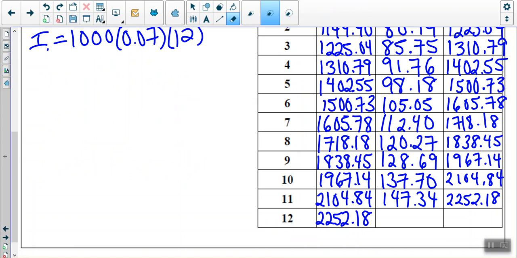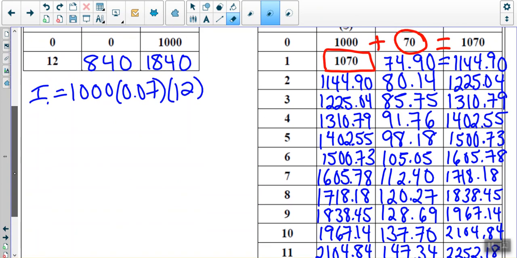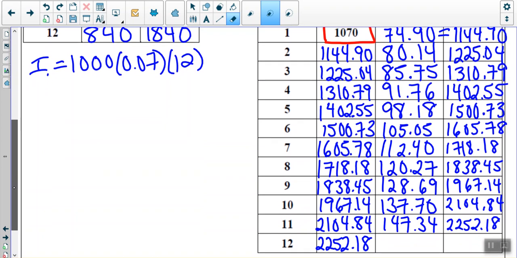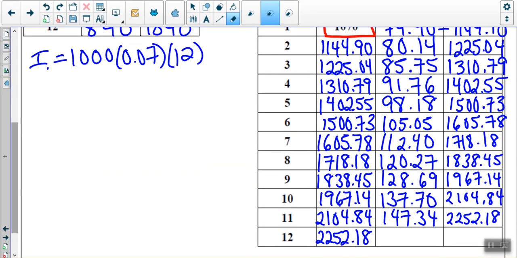So we're just comparing our amounts here, and we left off after year 5. And just continuing through, if they take the amount out at year 12, they're going to have $2,252.18 if they take it out at the start of the year. If you did continue through and took it out at the end of year 12, you'd have an additional $157.65 with a total of $2,409.83.